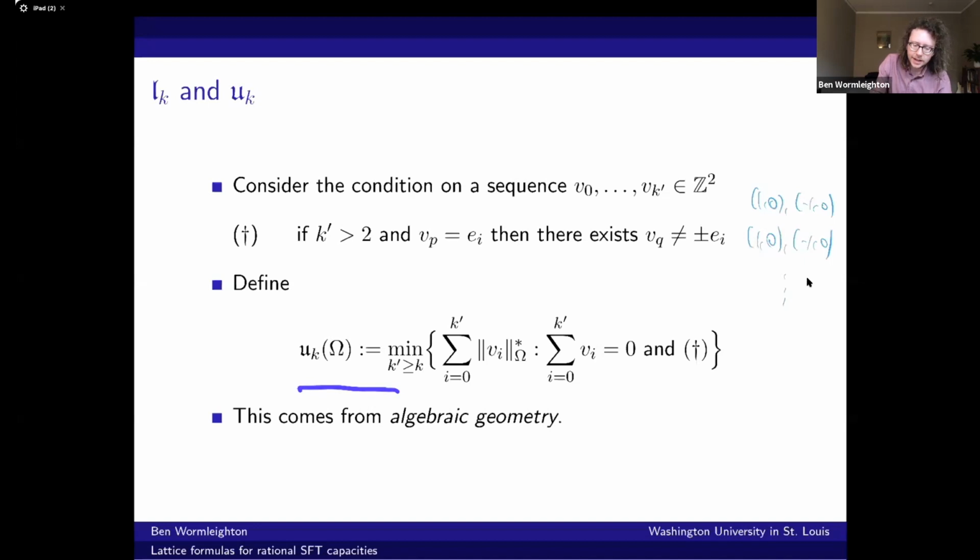And then U_k is simply the same minimum, the same optimization problem, except we range just over relations that satisfy this condition dagger. Like I said, this comes from algebraic geometry. So clearly U_k is bigger than L_k. I will say a little bit now about why RP should be sandwiched between them.